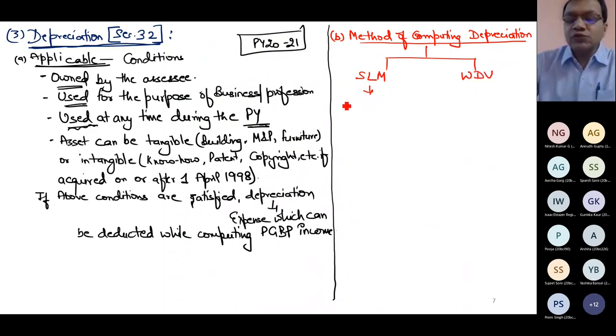Straight line only in case of undertakings in power generation or distribution.